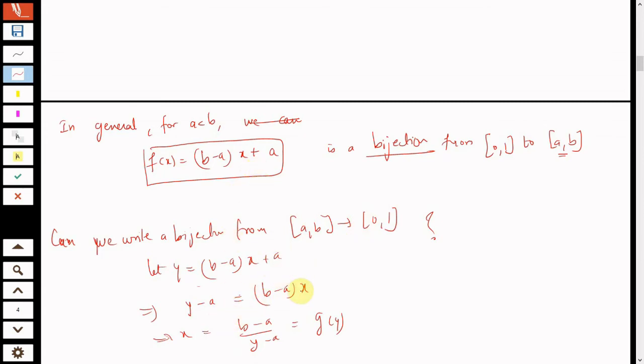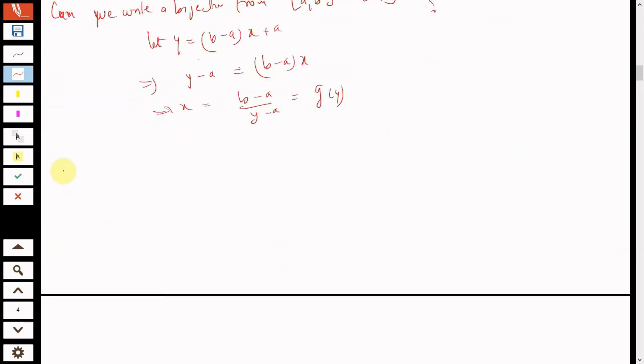So we don't have to check it once again whether it's a bijection or not. In fact, it can be proved very easily. So what we have shown is that, so this is the first step, first point. The second point is the bijection from close interval a comma b to 0 comma 1. So how do we produce it?